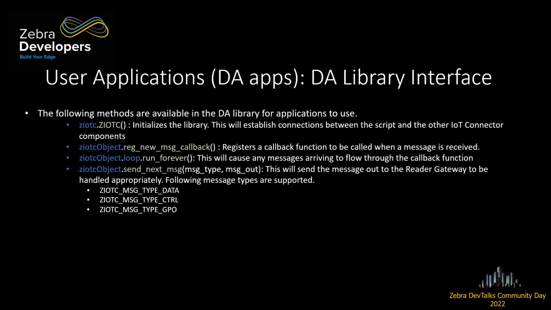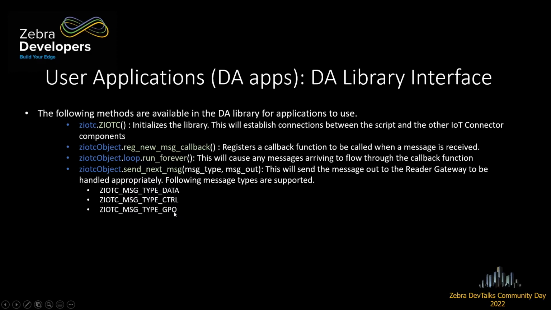Not just the monitoring, but also if there are any additional management events that need to be sent out to the external application, that can also be sent out using the control type message. When the reader gateway sees that the control type message has been sent from the DA app, it will send it to the management interface instead of sending it to the data interface. So the application that is managing the reader will actually get that message from the DA app.